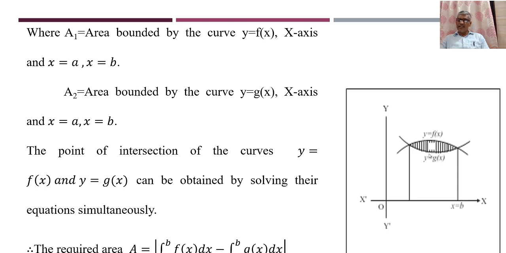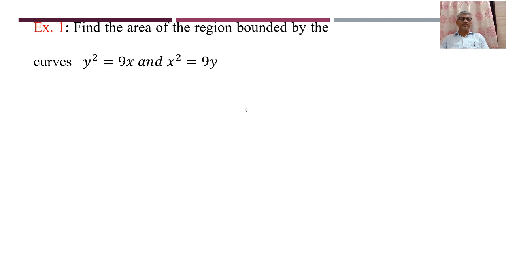This is the second area and this is the first area. Then when we find a1 and a2, we get the required area lying between the two curves, like this.